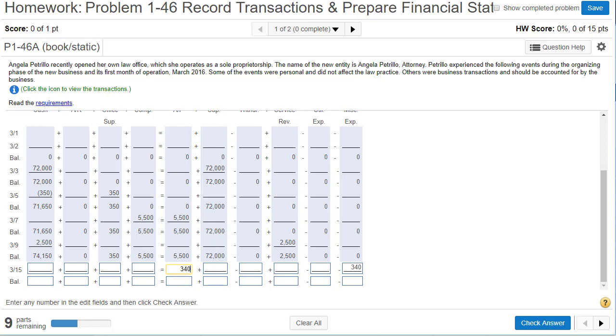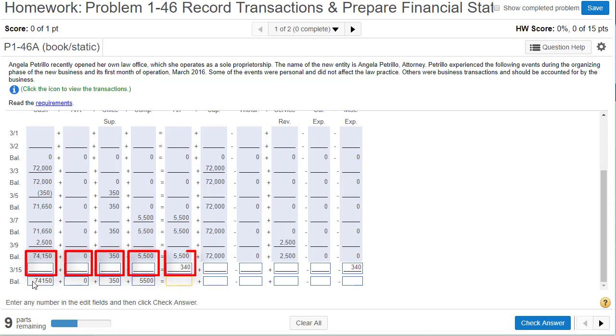Now we bring down the totals, and remember the instructions say we do enter zeros on the total row. So we've got $74,150 of cash, 0 AR, $350 of office supplies, $5,500 of computers.